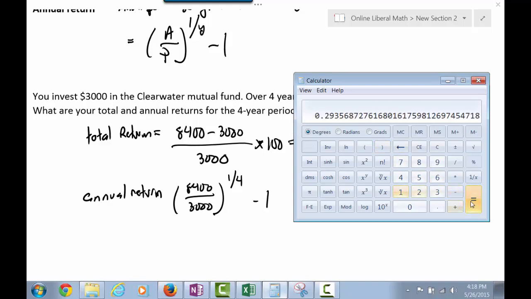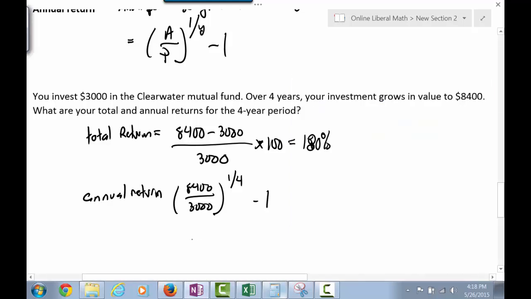Minus 1 gives me 0.294, or 29.4%. So the total return is my investment grew 180% of what I put into it, or equivalently an annual percent increase of 29.4%. It's nice that we can put a figure on that.